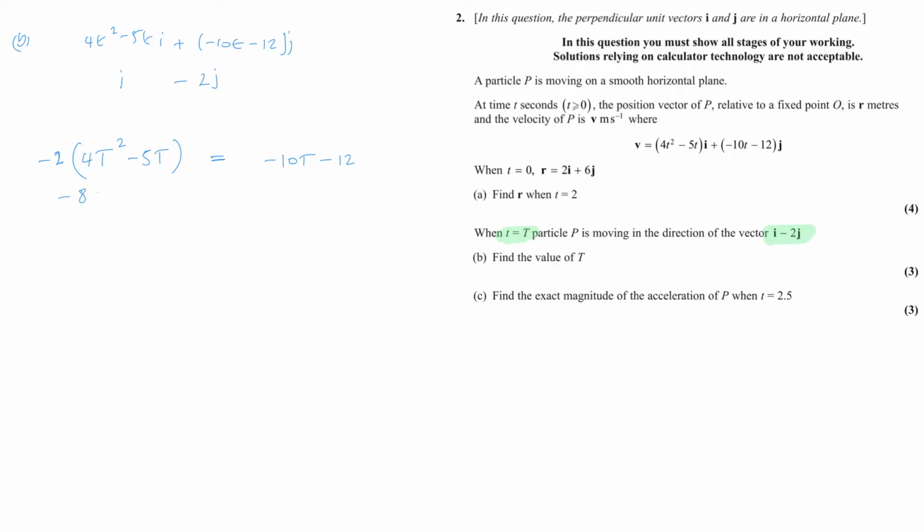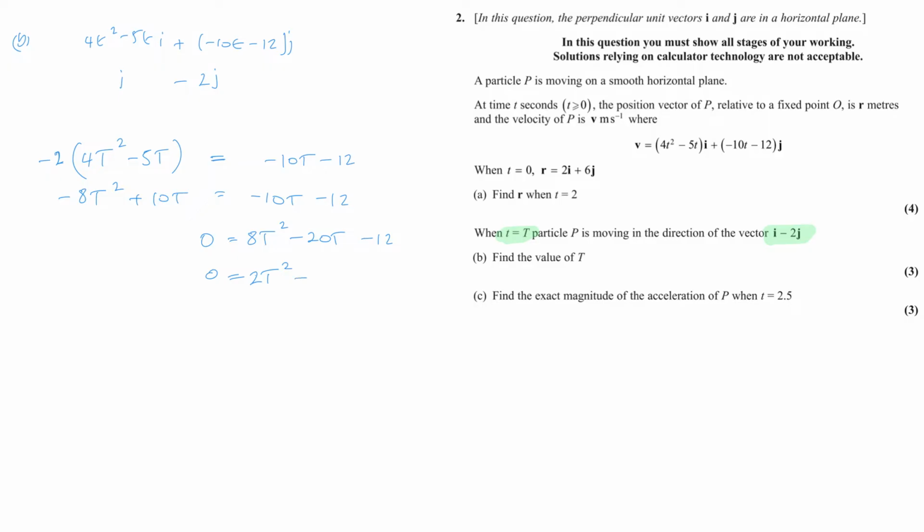So minus 8t squared plus 10t equals minus 10t minus 12. So 8t squared minus 20t minus 12. 4 goes into each of them, so I'll divide by 4 first.